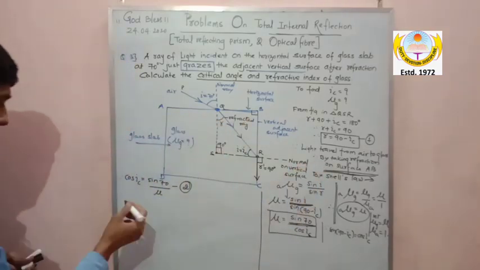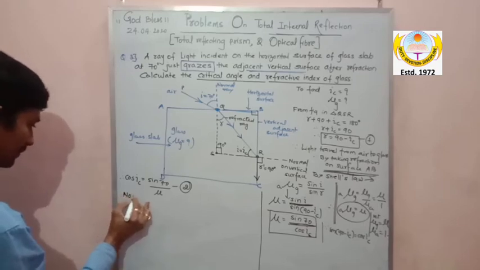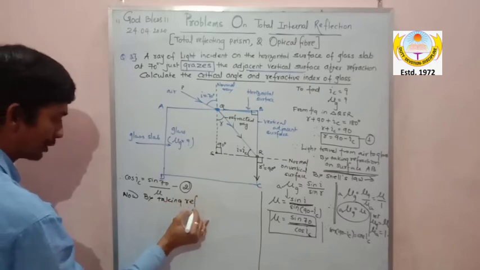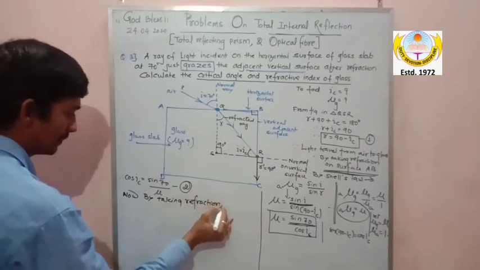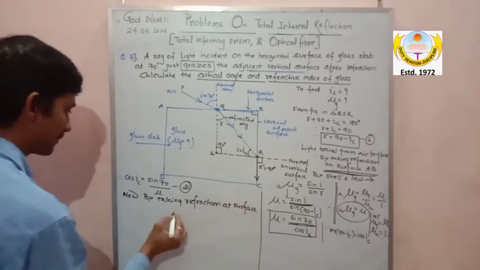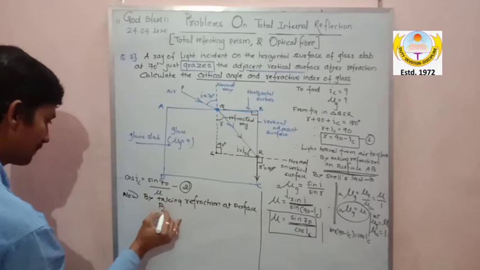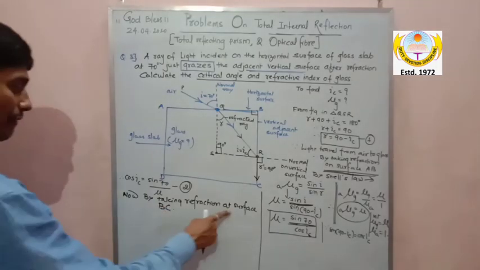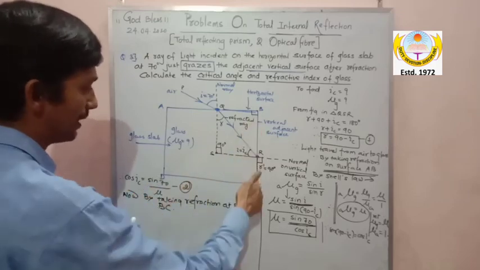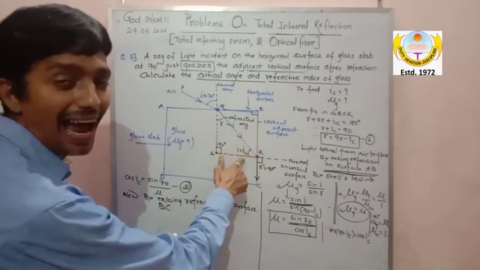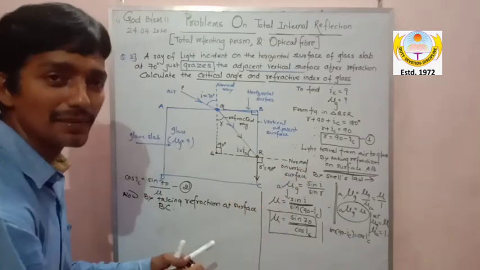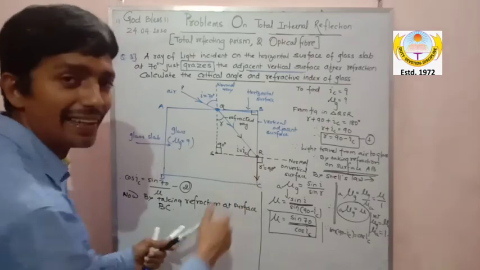So now, by taking refraction at surface BC, you can see that at surface BC, I makes an angle of critical angle. I is the critical angle here, because R is 90 degrees.